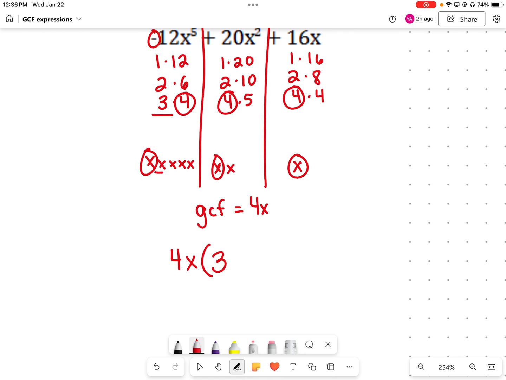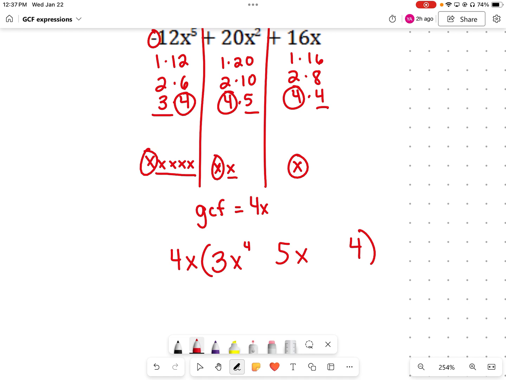How many x's aren't circled? 4, so we do x to the 4th power. And then the next one, 5, x. Then the next one, 4. Close your parentheses.